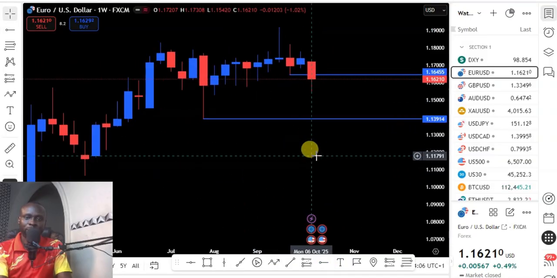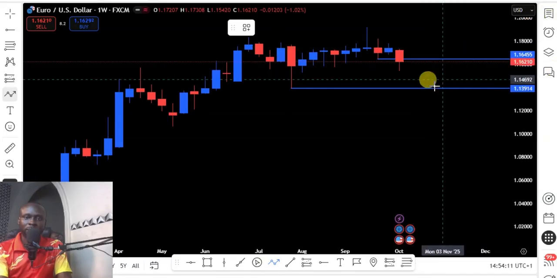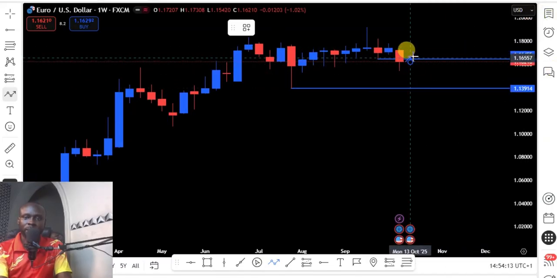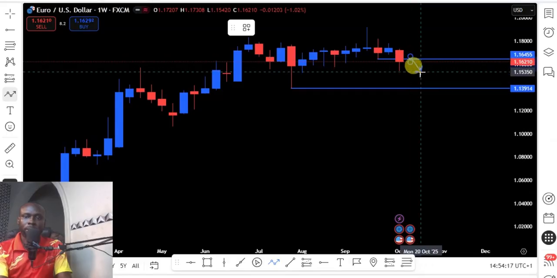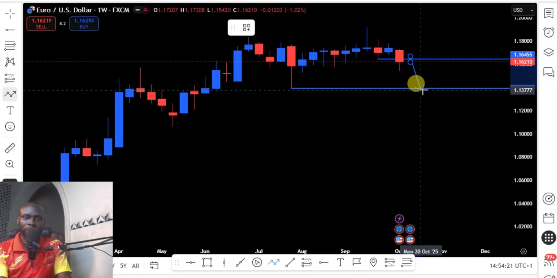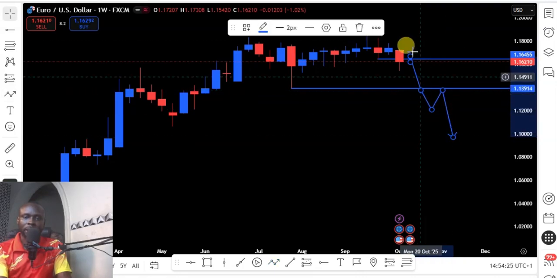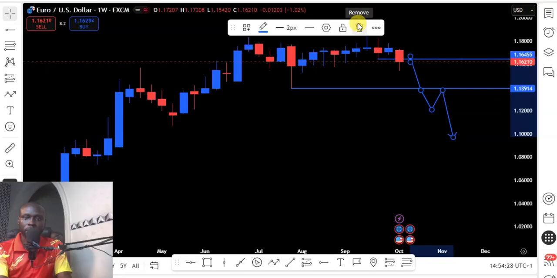So what we expect now, we expect price to do a retest of this support, this previous support, which is now resistance. Then price resuming downtrend to this next support level. So if price breaks this support level, we might see a retest, then we'll see further push to the downside. So this is what we expect EURUSD to do this week.